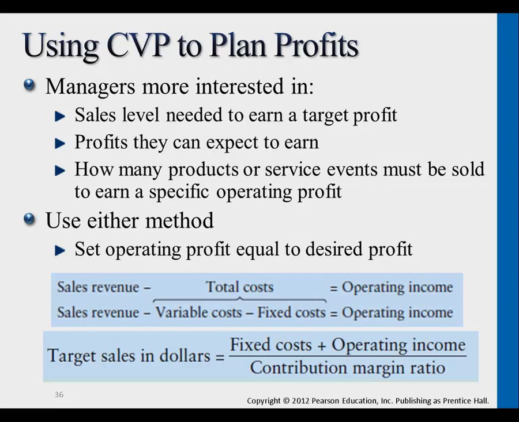Okay, so we have sales revenue, minus variable cost, minus fixed cost, same story, is our operating income. You know this formula. So here's what we want to understand right now. Target sales in dollars is our fixed cost plus operating income divided by the contribution margin ratio. That's something quite new, but maybe not. We've seen that, right?